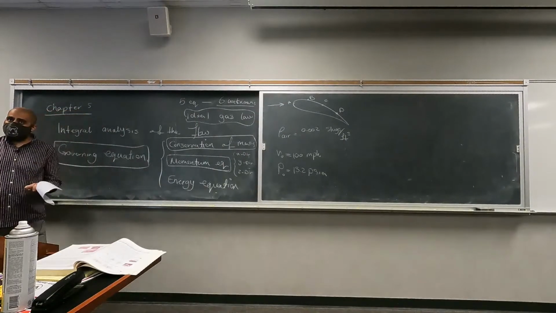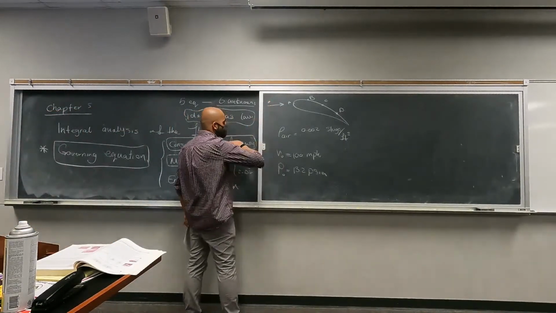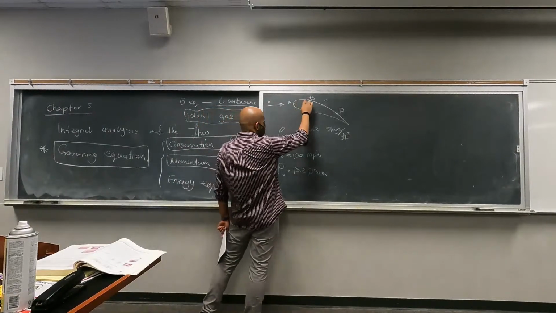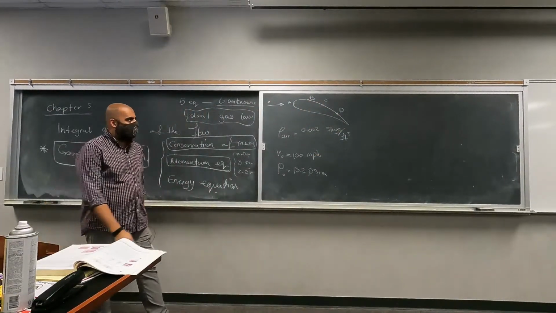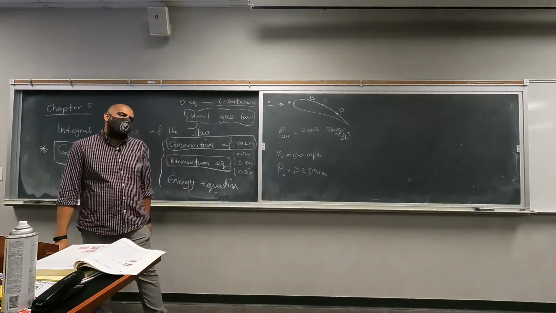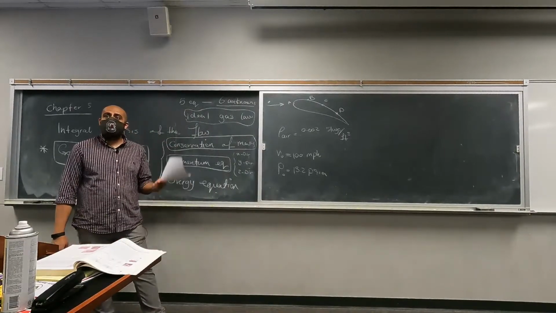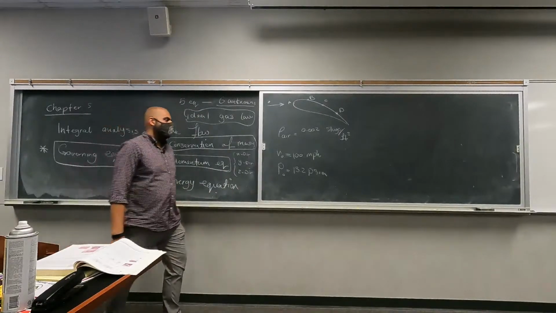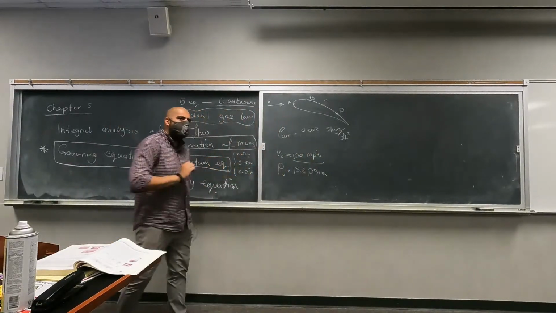So how can we solve this problem? We have the pressure and velocity at this point. We also have the pressure at these points. We want to find the velocity at these points. The first thing you need to do to make sure that your problem is dimensionally homogeneous, you have to convert this to inches per second, right?